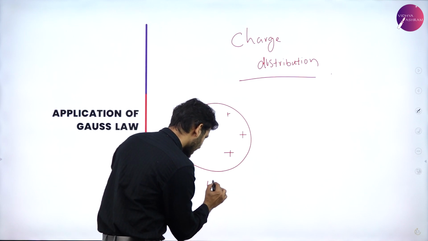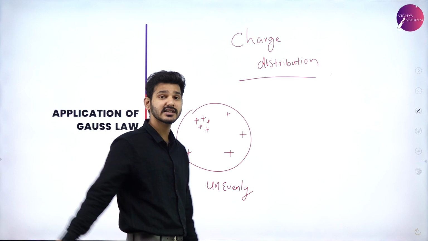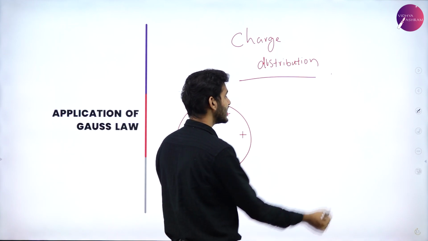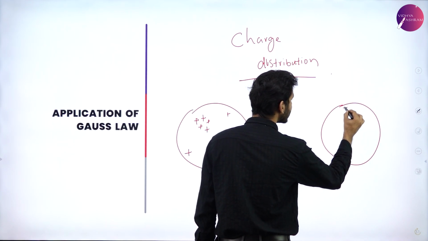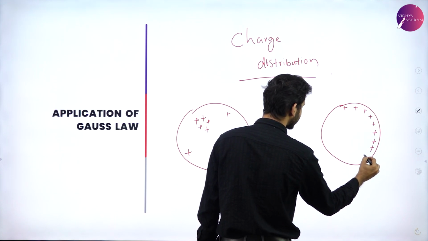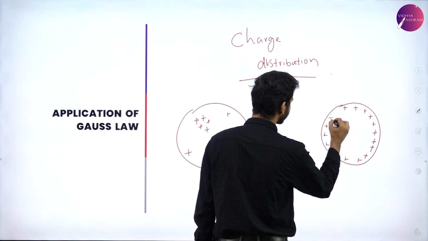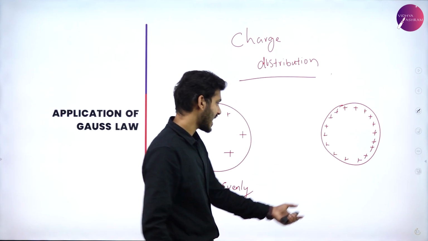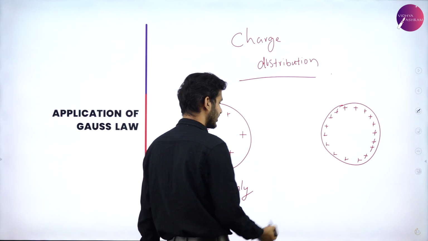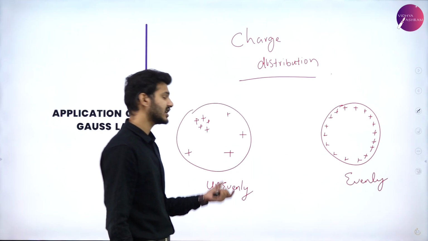And there is another possibility where the charges are equally distributed, symmetrically, equally around all points. So this is an evenly distributed charge, while this is an unevenly distributed charge.